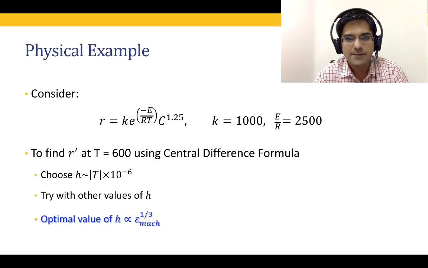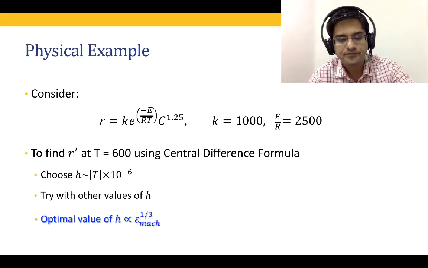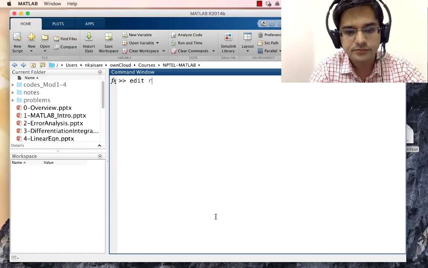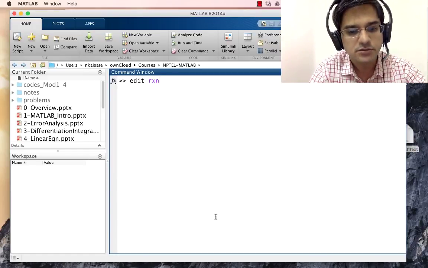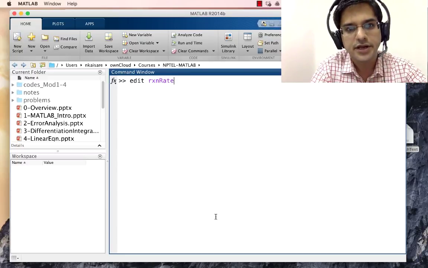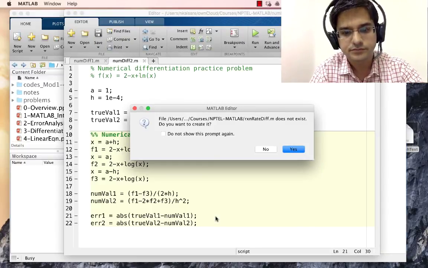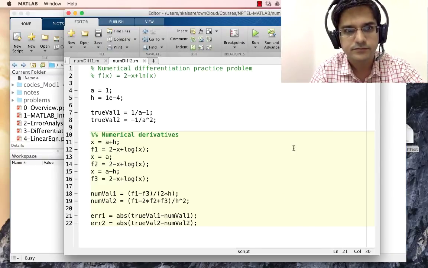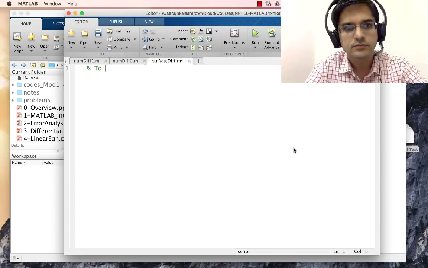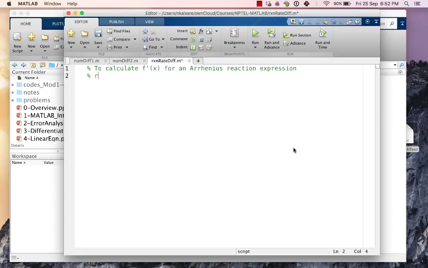Let's go on to MATLAB and try to solve this problem. Edit reaction rate differentiation. R equal to K multiplied by e to the power minus e by RT multiplied by c to the power 1.25.